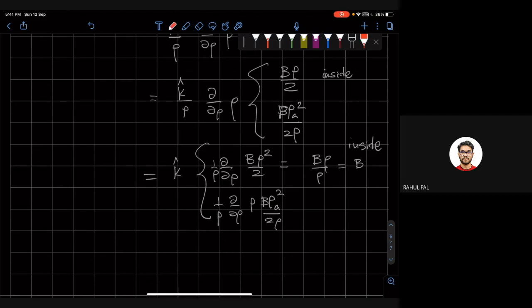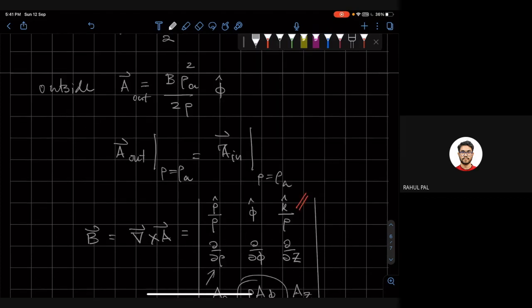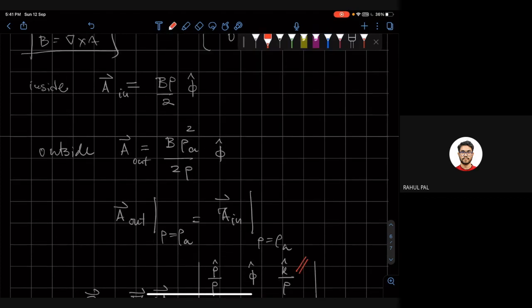So we see that there's a cancellation here, and therefore the derivative is acting on a constant quantity. So we get zero outside. Okay. So we have verified that this configuration of the gauge potential gives rise to a constant magnetic field inside and a zero magnetic field outside. Okay?